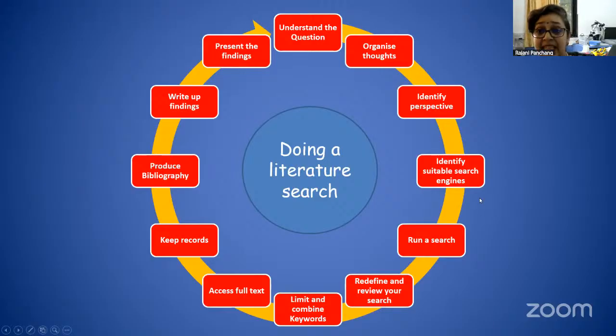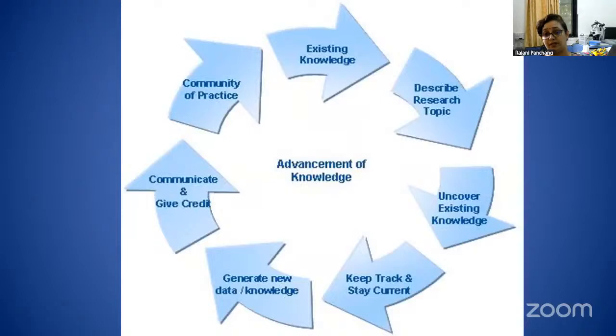So this is the importance of literature survey. Advancement of knowledge, creation of knowledge. On the basis of existing knowledge, you will be able to find a research topic. To stay updated for 5 years when you're doing your PhD, you need to know which new paper has come.